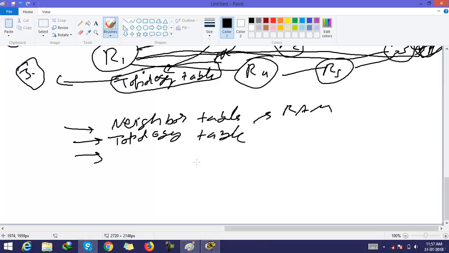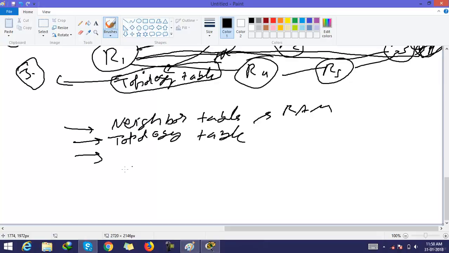Simply, you can say it stores the route advertisements received from each neighbor. All routes in the same autonomous system are stored in the topology table, including successor and feasible successor.